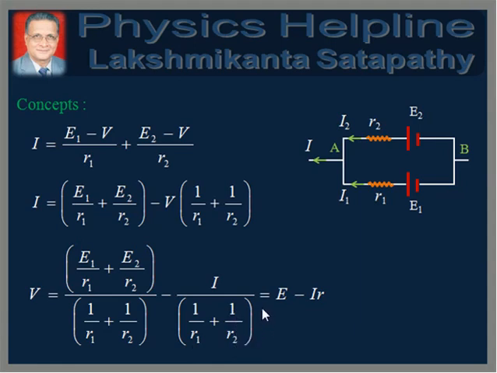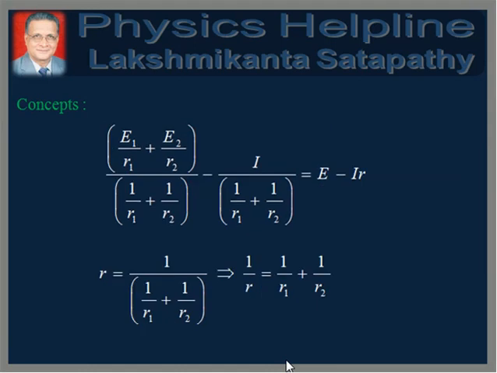This is also equal to E minus IR for the combination that we know, V is equal to E minus IR. Equating the coefficients of I, we write R is equal to 1 divided by (1 by R1 plus 1 by R2), which implies 1 by R is equal to 1 by R1 plus 1 by R2.